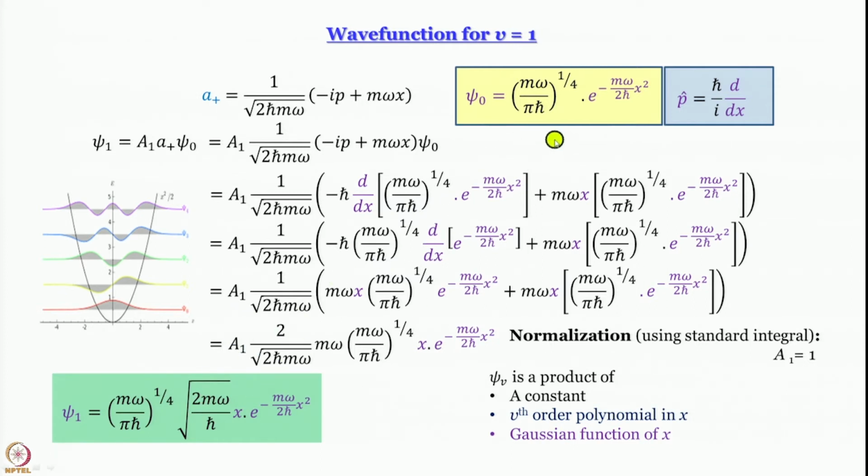But what we see here is that there is nothing else in x, which means you have x to the power 0 for psi 0. For psi 1 you have x to the power 1, and as we will see later on, as you go higher up you will get terms in x to the power 2, x to the power 3 and so on and so forth. You are going to get polynomials in x, and order of that polynomial will be the same as the vibrational quantum number v, right.